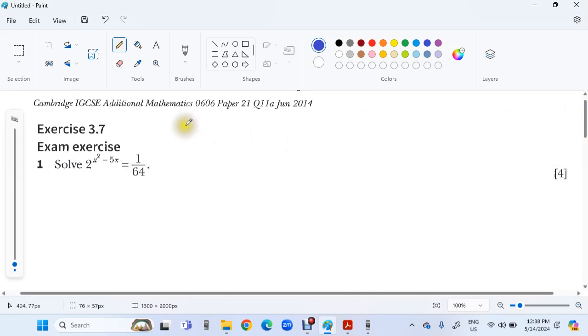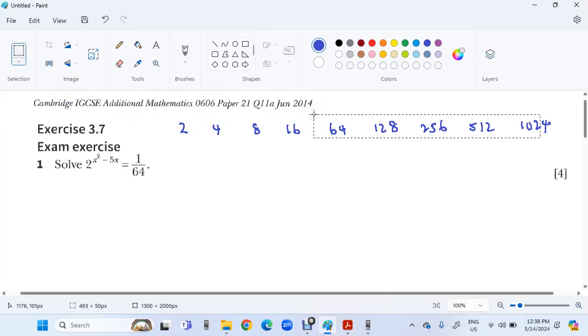When you see a number like this, we have 2, 4, 8, 16, 32, 64, 128, 256, 512, and 1024.